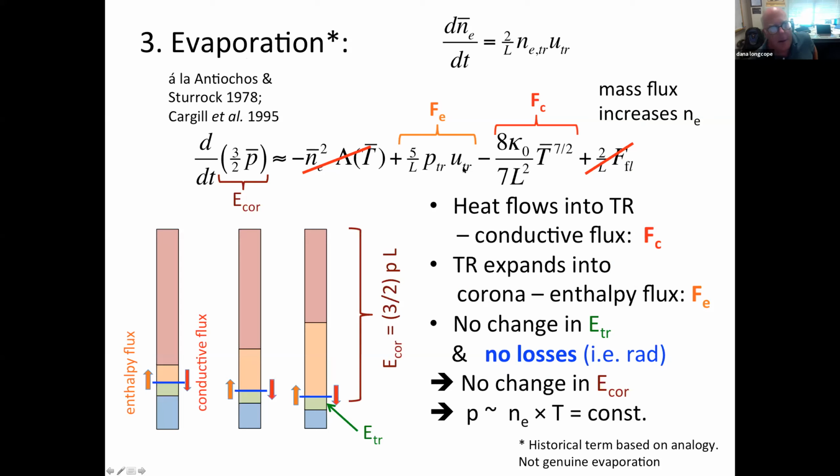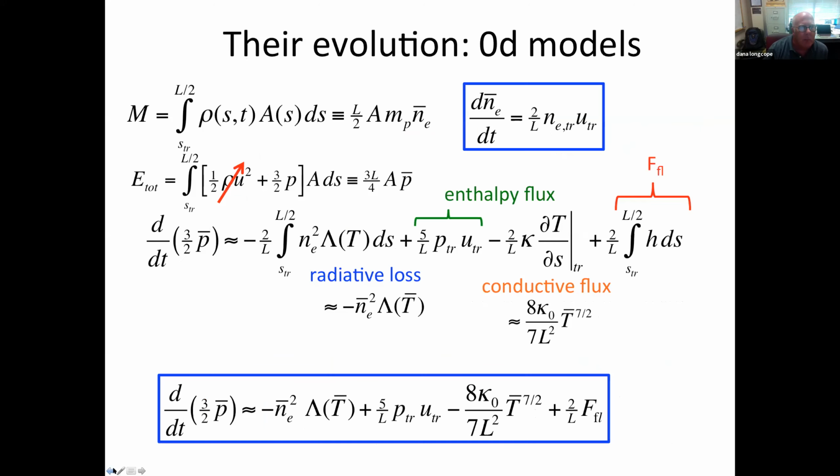And here is the way these things play. And one of the things, I always teach my students this, and now I'm teaching you this. We have an equation with 5 terms in it: time derivative, radiative losses, go back to this form here, radiative losses, enthalpy flux, conduction, and heating. There is almost never a circumstance where you're going to have an equation with 5 terms where every single term is doing something.